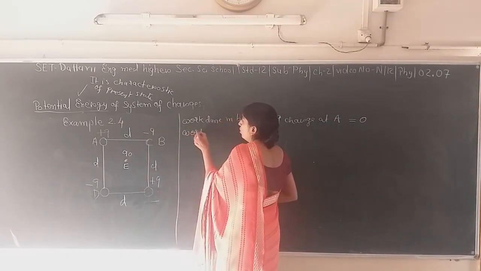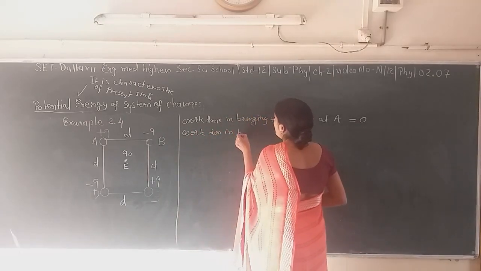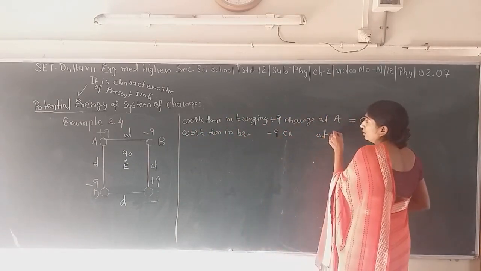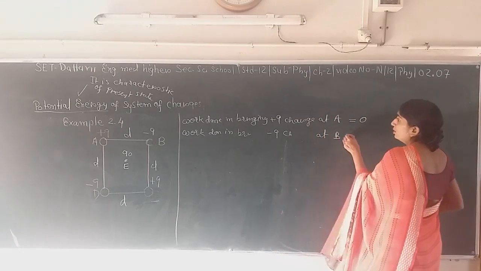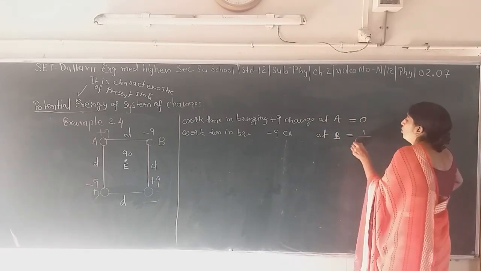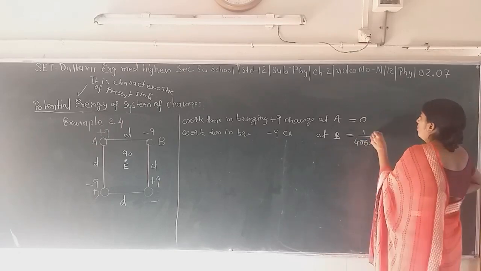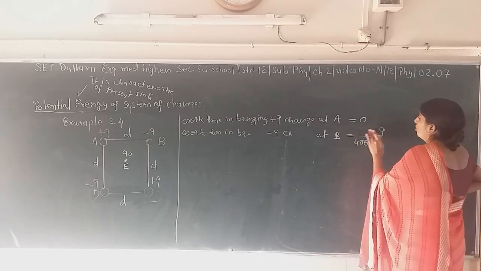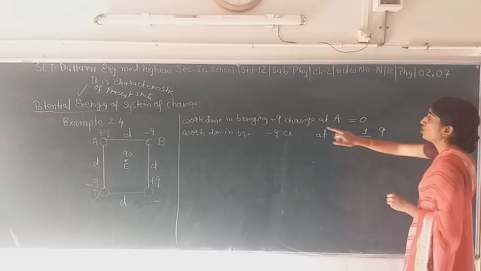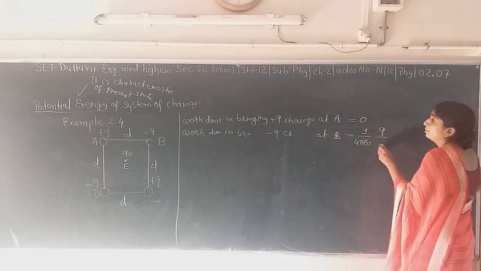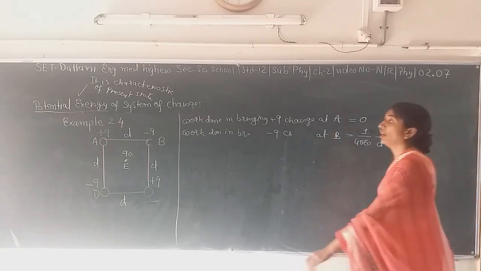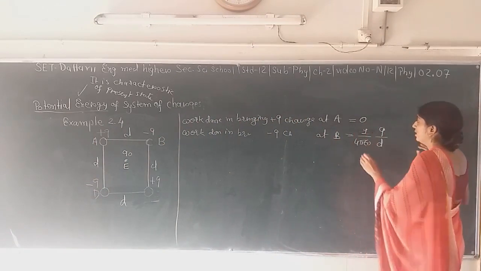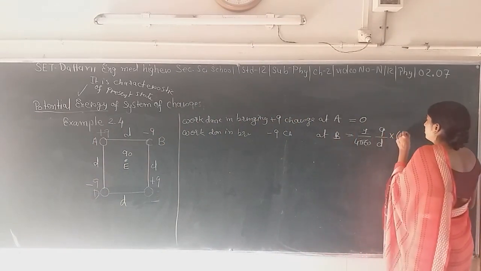Next thing, work done in bringing minus q charge at B is equal to 1 upon 4 pi epsilon naught q upon the distance between these two charges A and B. The distance is d, so the potential due to this should be multiplied by the charge, which is minus q.